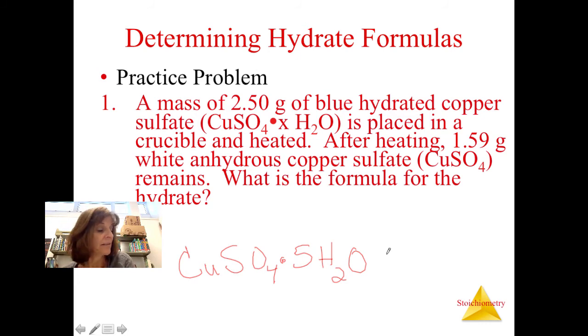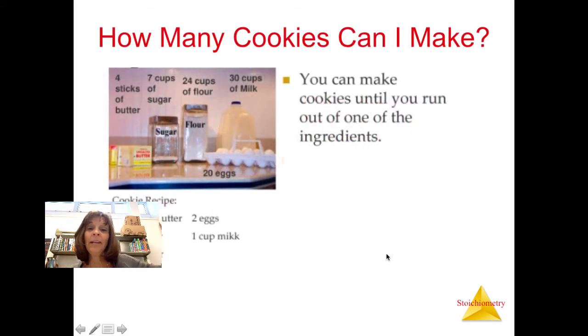All right, next, limiting reactants. Let's talk cookies. If you look at this set of ingredients here and you look at the recipe, you could do the math, but I bet if you look at the containers, you have a box of butter, you have some sugar, you have lots of flour and eggs and milk.